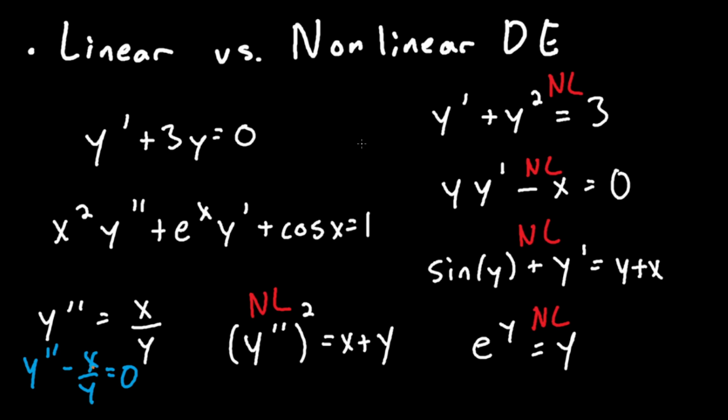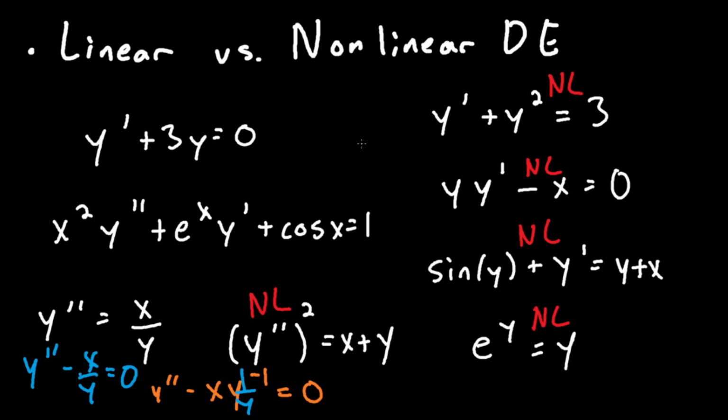Is it? Well, remember, we can also rewrite this equation. This is a little sloppy, sorry for the clutter. There's not much space. But y double prime minus x times y to the power of negative 1 is also equivalent to this equation here, correct? Y to the power of negative 1 is simply 1 over y.